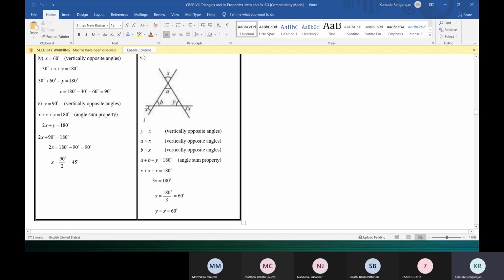You can see it here. Everything is x. So x plus x plus x is equal to 180. So 3x is 180, x is 180 by 3, which is 60. So the heading is to find the values of x and y. So x and y both are equal to 60 degrees.